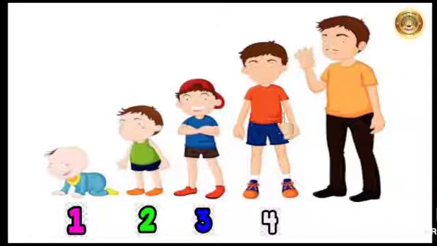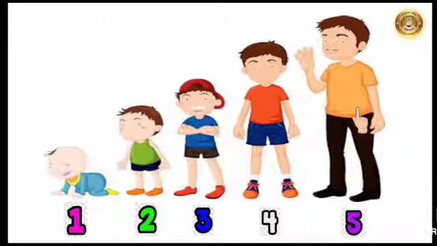And the last number, the fifth one, we will give to the father, who is the biggest one out of these 5. So children, from this example, we come to know that number 1 is the smallest one and 5 is the biggest one.